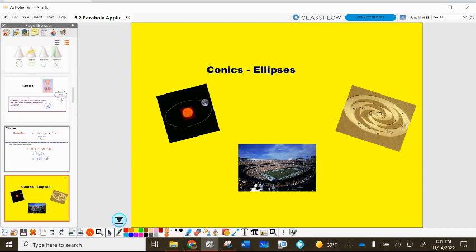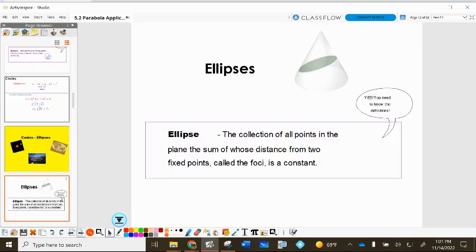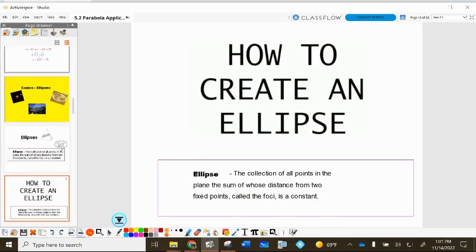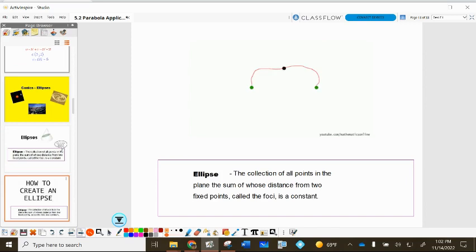Next we're moving on to ellipses. An ellipse is the collection of all points in the plane, the sum of whose distance from two fixed points, called the foci, is a constant. So let's look at the little GIF and see how that works. If you have two fixed points and the string represents that the sum of those two distances is always the full string length. So let's watch that again.